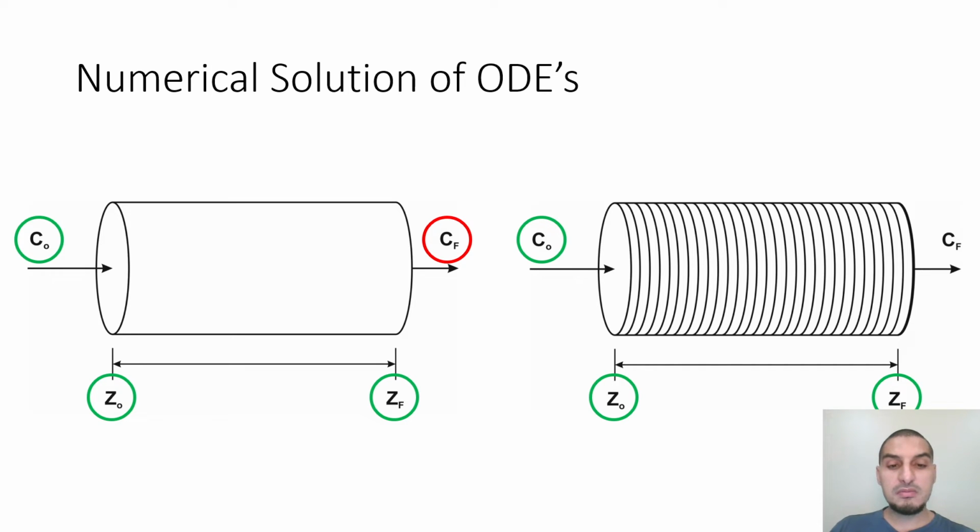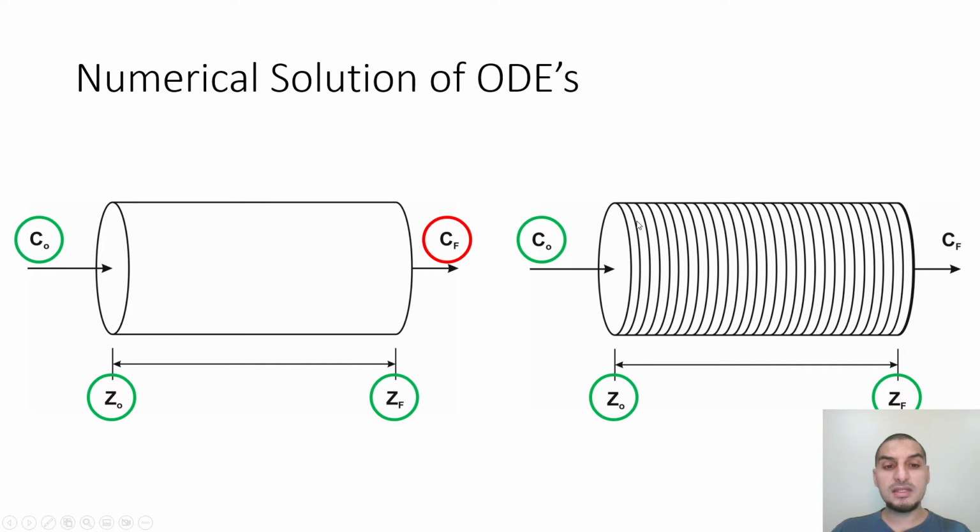By doing this, you assume that this small increment, this small disk here, is a homogeneous system. So the concentration, temperature, pressure, velocity, anything inside this disk is homogeneous, and you can apply the equation to this small differential thickness.